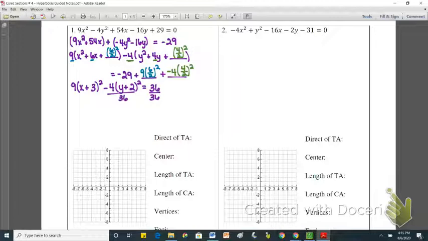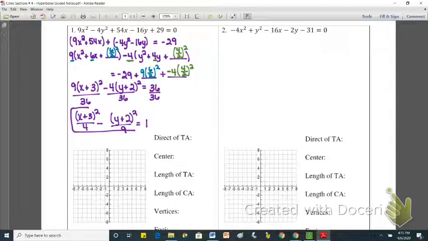Sorry, that's not negative 36, it's positive. So I get x plus 3 squared over 4 minus y plus 2 squared over 9 equals 1. Now that is the correct standard form, even though my first denominator is not bigger.